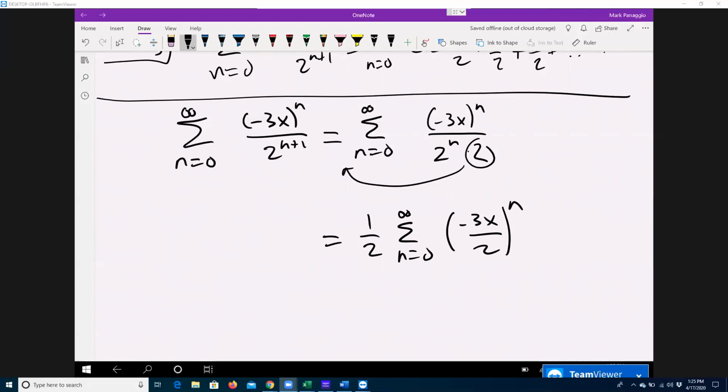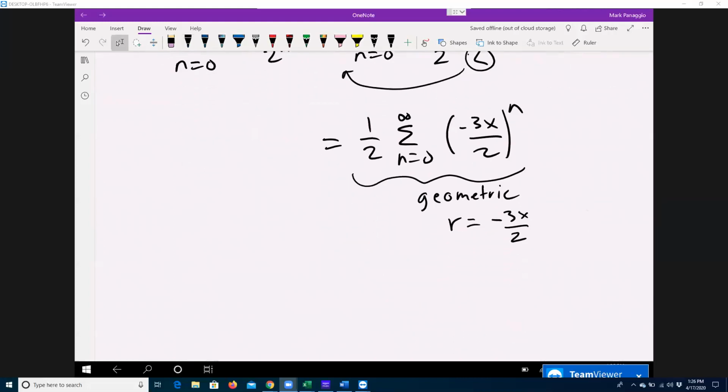And notice this looks like a geometric series, where the r is equal to negative 3x over 2. And if we wanted to put the 1/2 inside, well, then we'd say that the c is just 1/2. And we know what geometric series converge to.